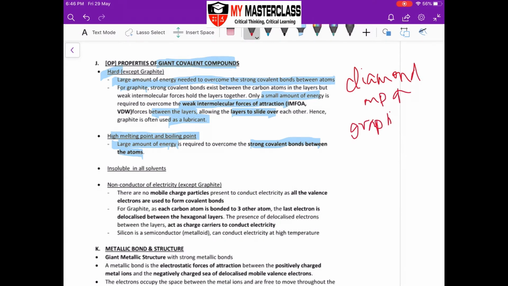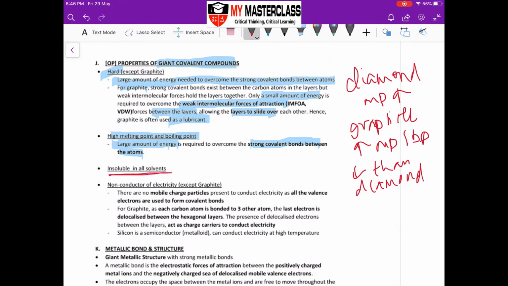Graphite will still have high MP and BP, but it will be lower than diamond, because of the weak intermolecular forces of attraction, or the weak van der Waals forces, between the layers. Covalent compounds are generally insoluble in all solvents.